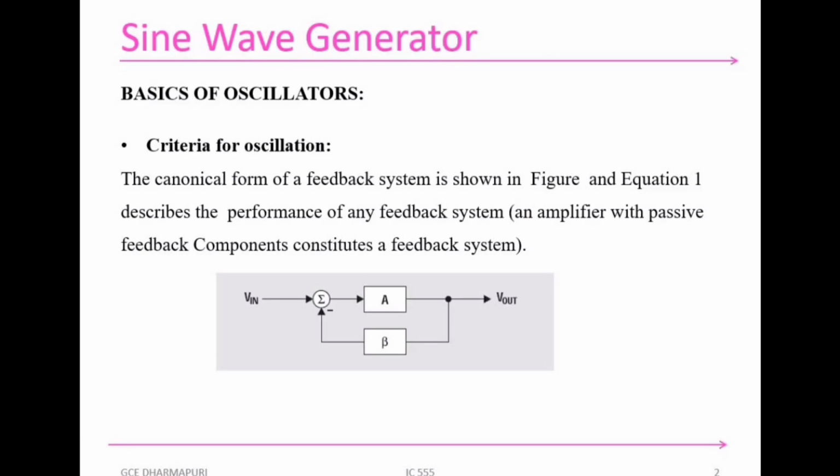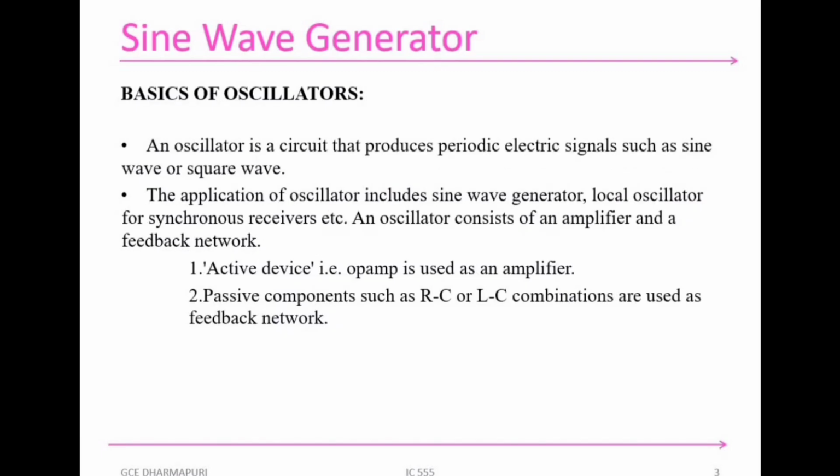First let us discuss the Wein Bridge oscillator in this video. Now, what does an oscillator mean? An oscillator is a circuit that produces a periodic electrical signal such as a sine wave or square wave.